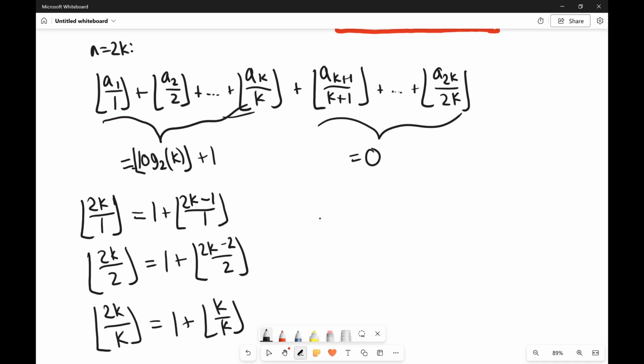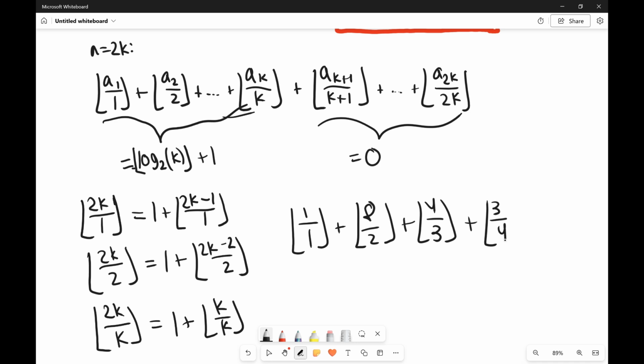So for example, if we have k equals 4, then we have 1 over 1 plus 8 over 2 plus 4 over 3 plus 3 over 4. Then we can scale this 8 down to the 2. And similarly, if the 8 were here instead, then this 8 can be scaled down to the 4, and then this 4 can be scaled down to the 3.